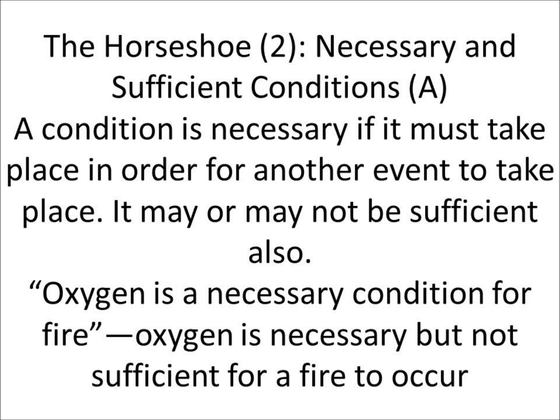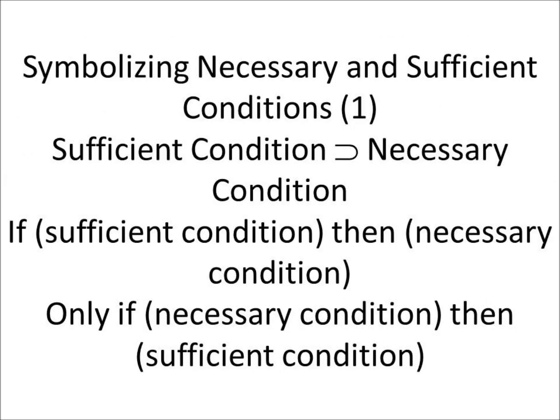Now, how are sufficient conditions symbolized? A sufficient condition is always stated to the left of a horseshoe. A necessary condition is always stated to the right of the horseshoe. So in an if-then statement, you have if, sufficient condition, then a necessary condition. Now the thing that gets tricky is the only ifs.